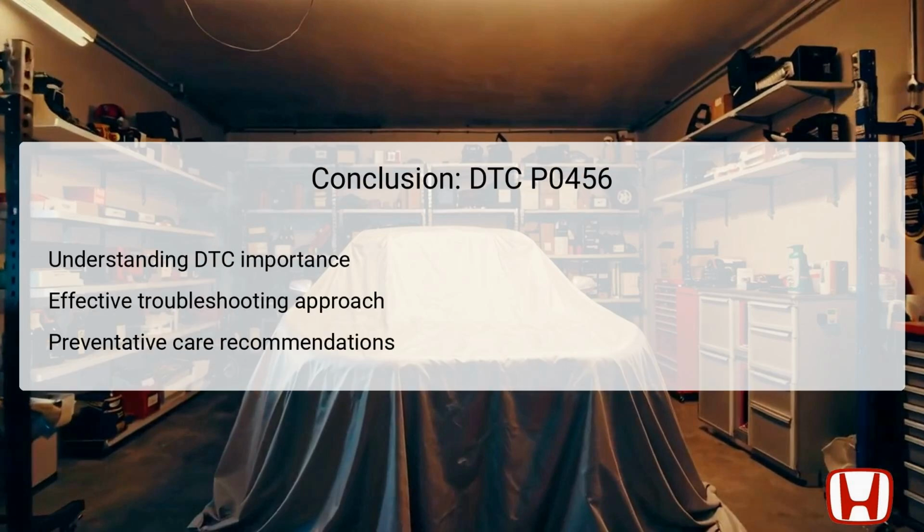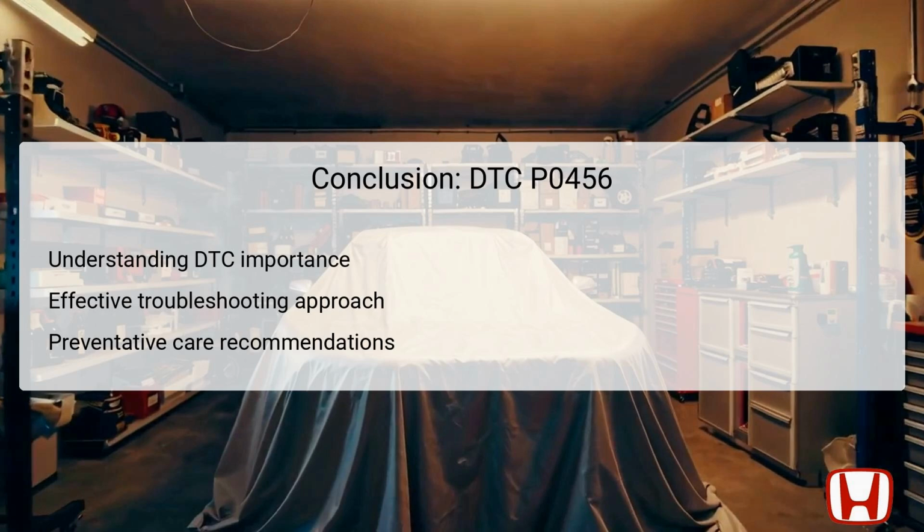In conclusion, understanding DTC P0456 and its implications on your Honda Accord is crucial for both maintaining optimal performance and adhering to environmental standards. The EVAP system plays a vital role in managing fuel vapors, and any faults can result in increased emissions and poorer fuel economy.